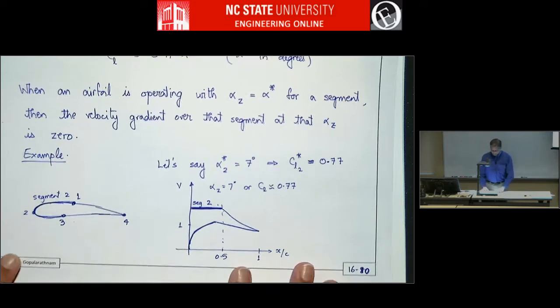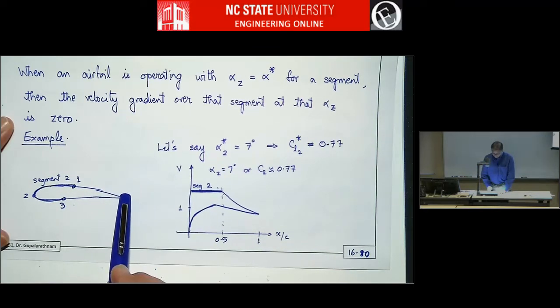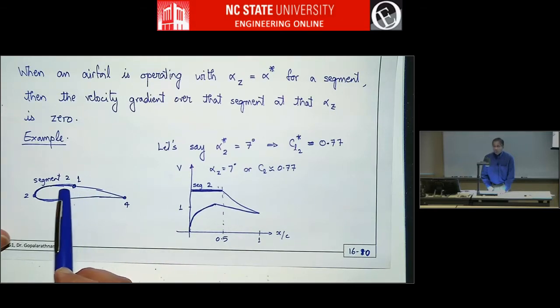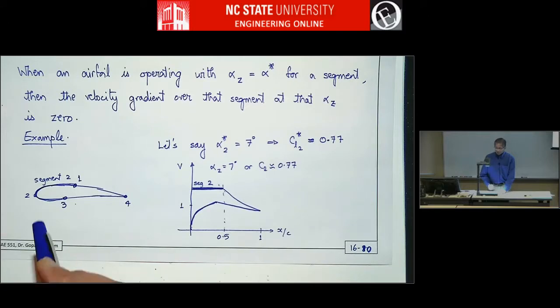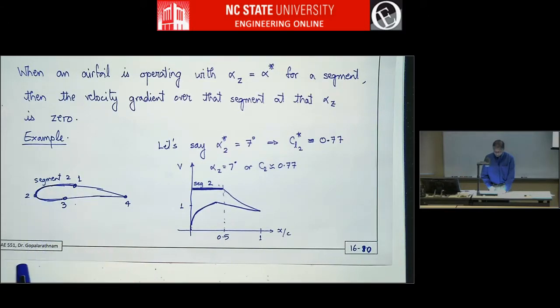As an example, here is a 4-segment airfoil, so we have segments 1, 2, 3, 4. Remember we always use the end point of a segment for denoting the segment number. So this is really segment 2, and this is the end point of segment 2.